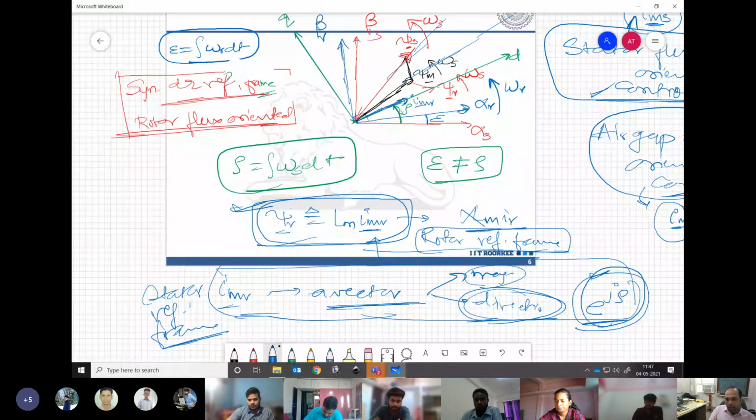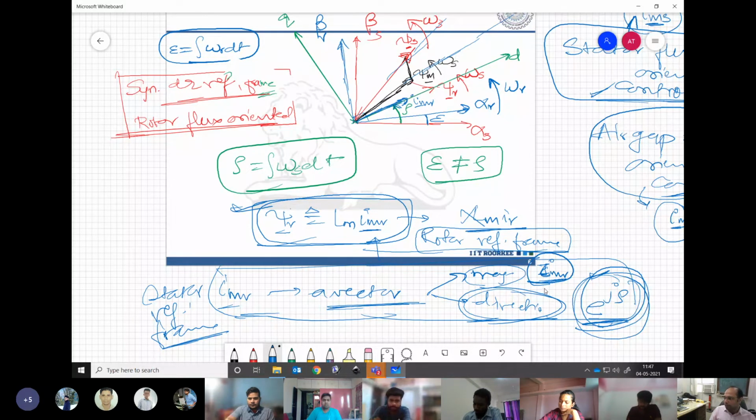We know that this vector is making rho angle with the stator reference frame. So the unit vector associated with the direction could be e raised to power j rho. And for our convenience, we can define a magnitude for that vector IMR, capital IMR, or even small IMR. This is magnitude. Don't confuse it with the vector.